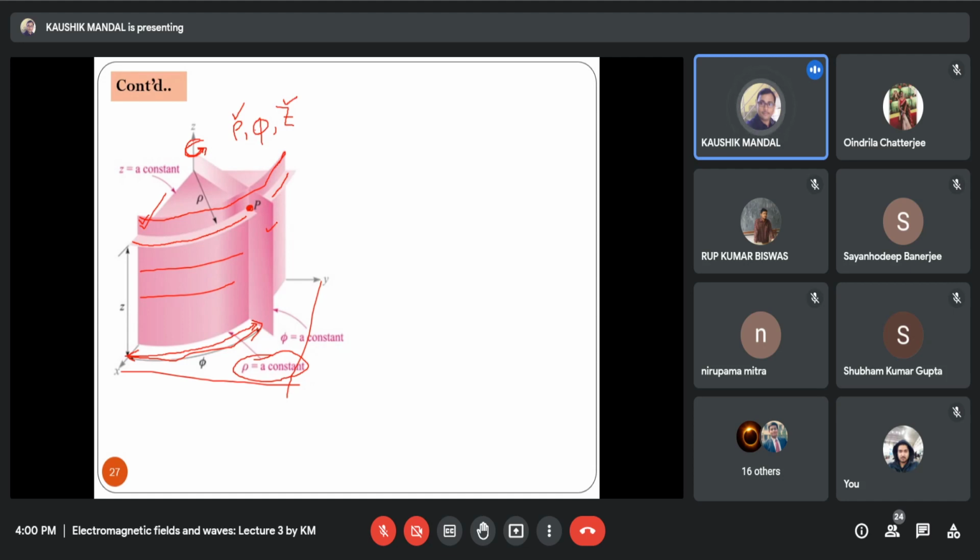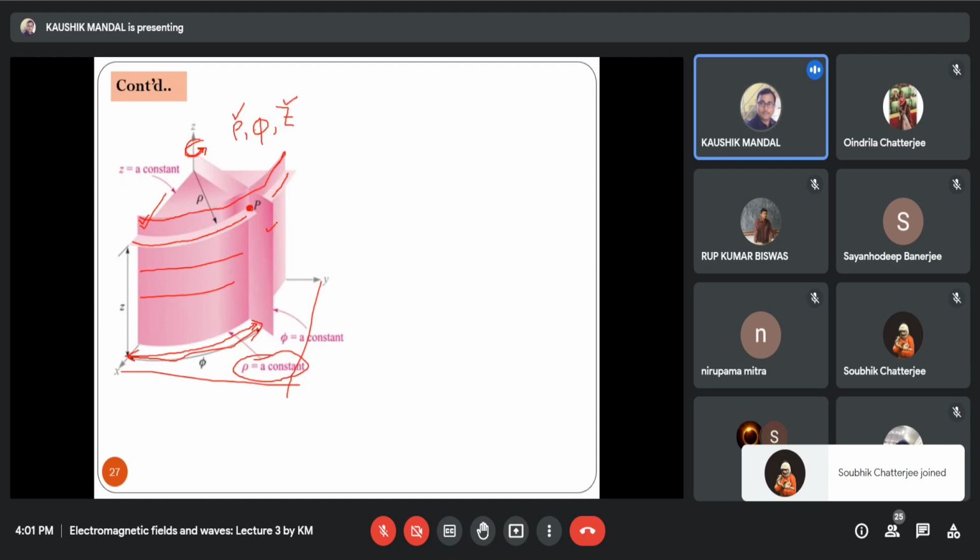Is there any doubt regarding the basic idea about this cylindrical coordinate system? We are considering three planes. One is the top or bottom of the container. Another plane is the surface of the container. And the third plane is the imaginary plane which we are considering, that is perpendicular on the surface, and it is rotating about the center of the container, making an angle phi with the x-axis.